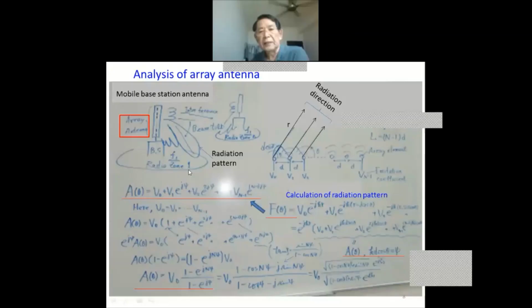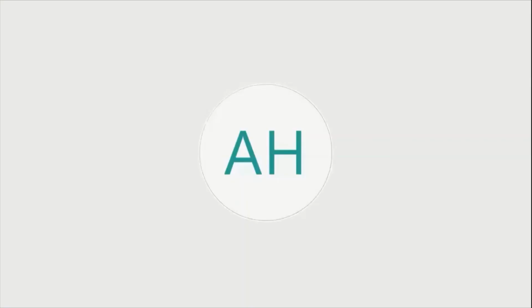So this is, at first, a mobile base station. The radiation pattern to the radio zone edge is to be very strong. However, the interference from the outside cell should be small.